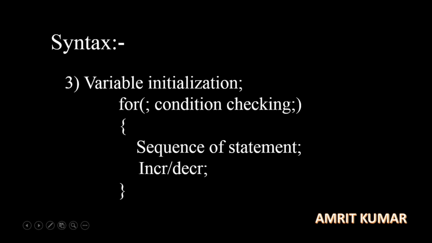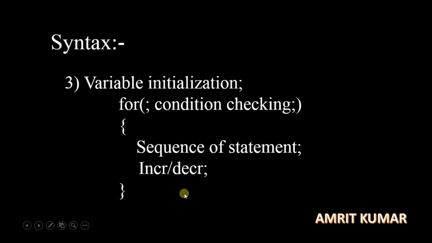Now looking at another form of the for loop. The variable initialization should be above the for, and you have to use the semicolon, because this statement is for condition checking, then a semicolon, then this statement.